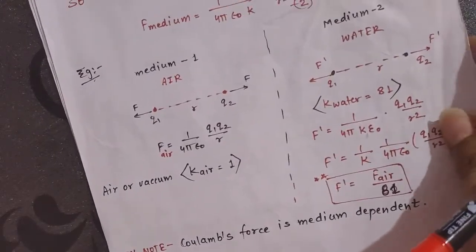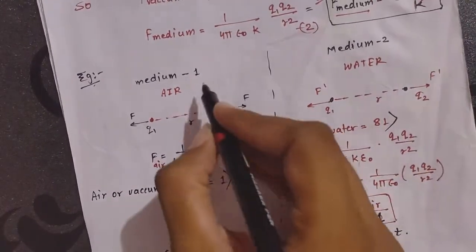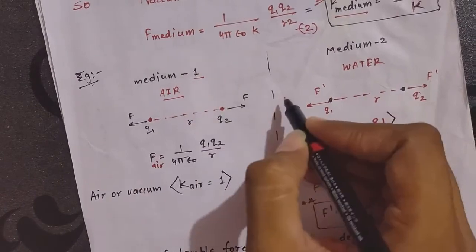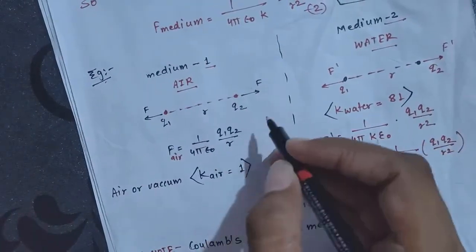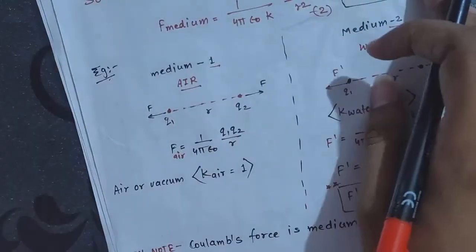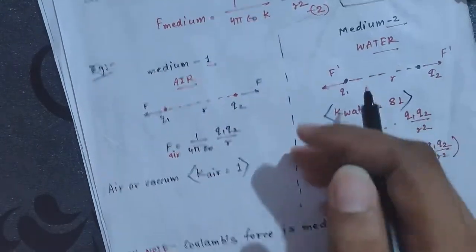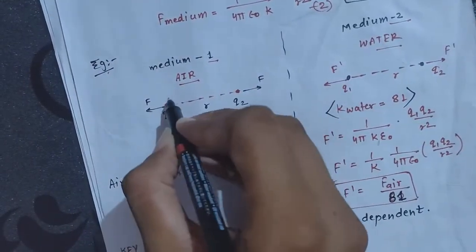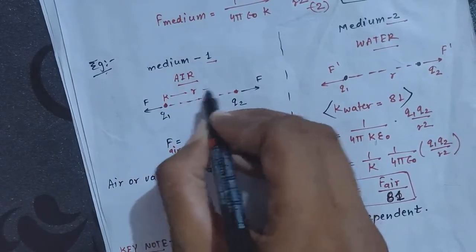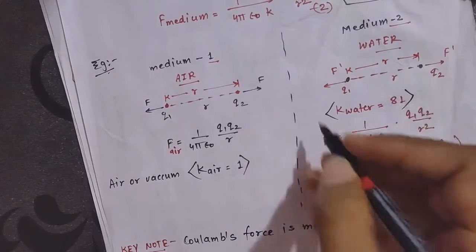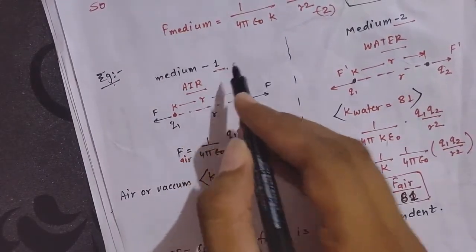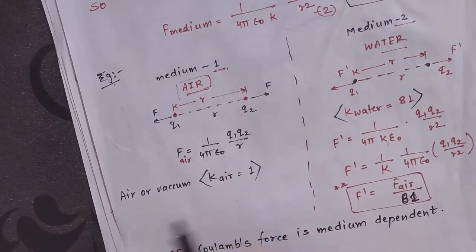So we take an example for this. Here medium first is air and medium second is water. Two charges having magnitude Q1 and Q2 are situated at a distance r from each other, placed in medium first, which is air.